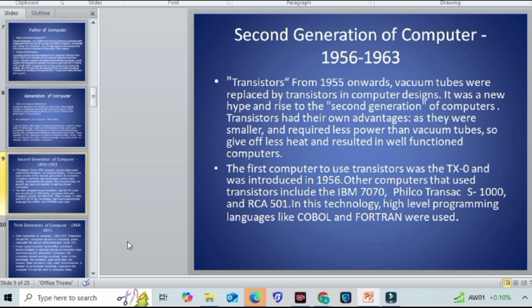The first computer to use transistors was the TX-0, introduced in 1956. Other computers that use transistors include the IBM 7070, Philco Transac S1000, and RCA 501. In this technology, high-level programming languages like COBOL and FORTRAN were used.